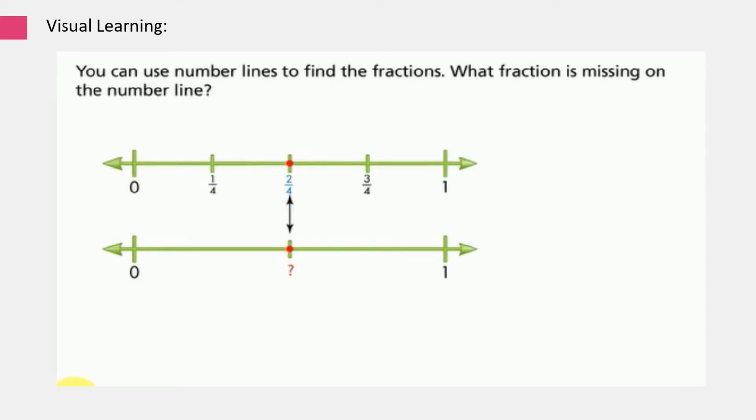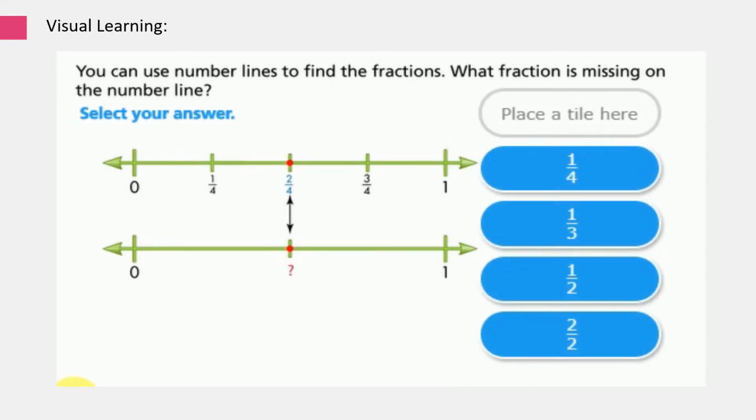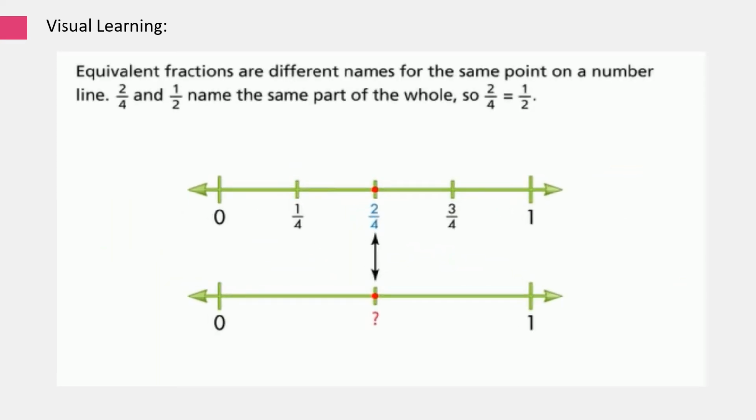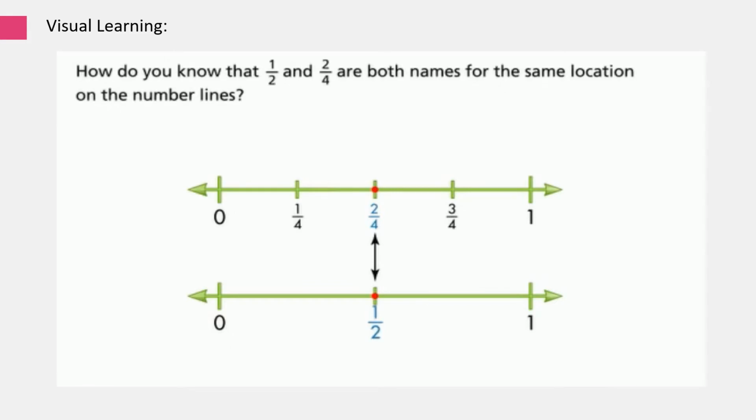What fraction is missing on the number line? Select your answer. Equivalent fractions are different names for the same point on a number line. 2/4 and 1/2 name the same part of the whole, so 2/4 equals 1/2. How do you know that 1/2 and 2/4 are both names for the same location on the number lines?